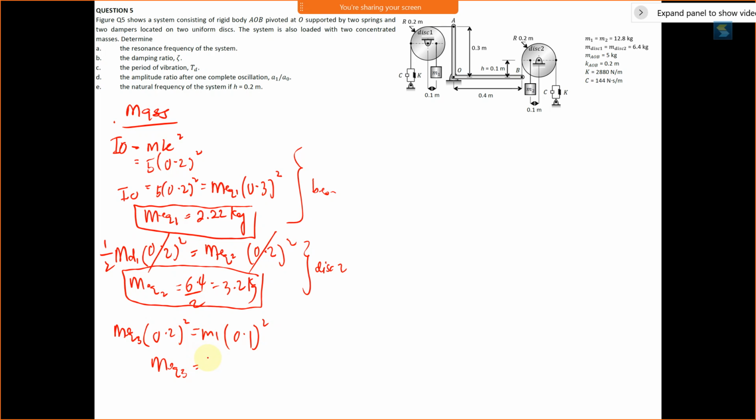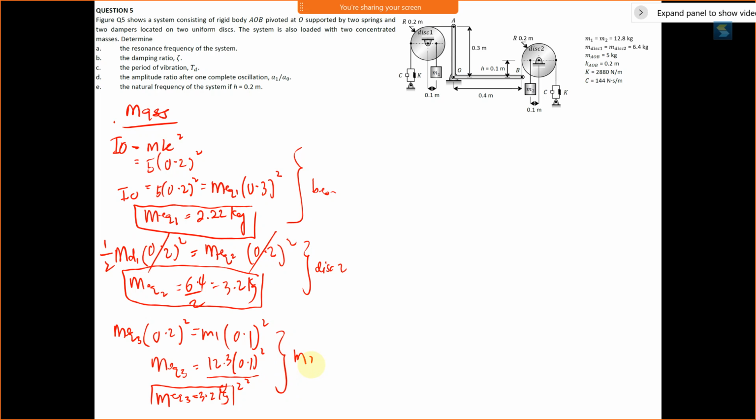So 12.8, 0.1 square divided by 0.2 square. So M equivalent 3 equals to 3.2 kilogram. So that is our M equivalent 3. So this is for M1.